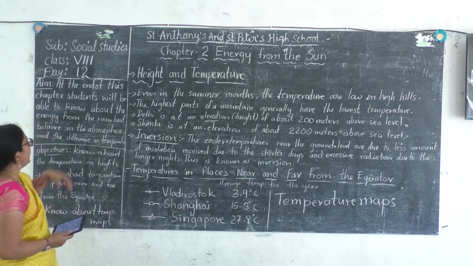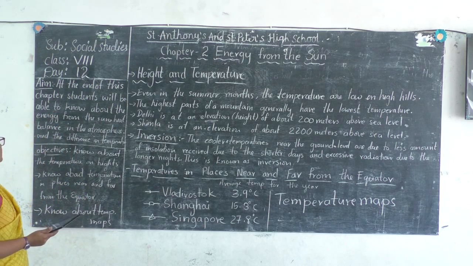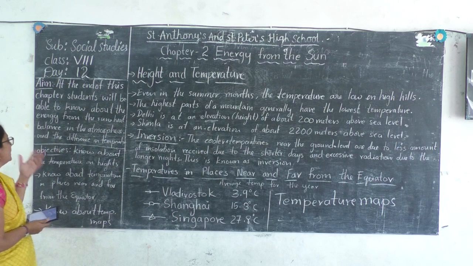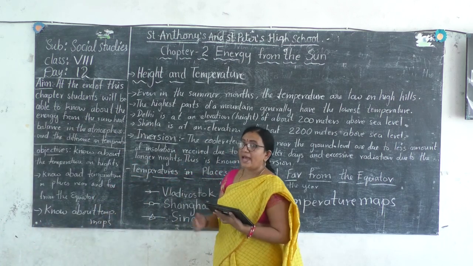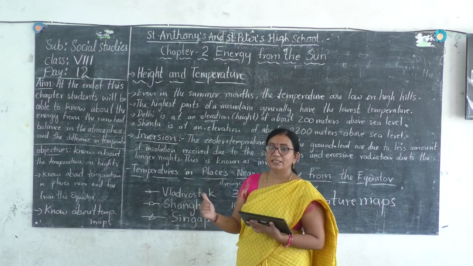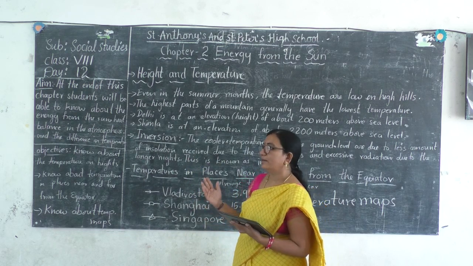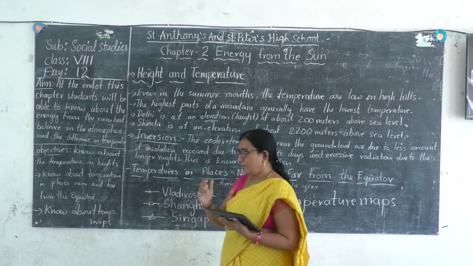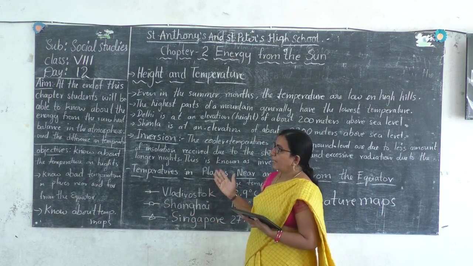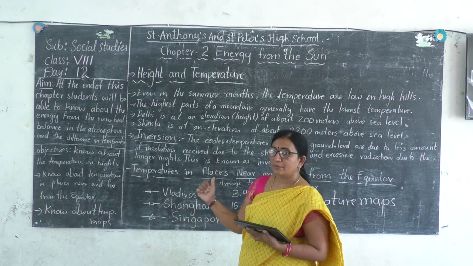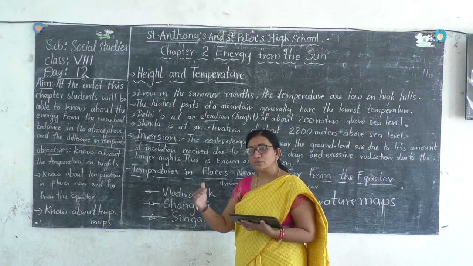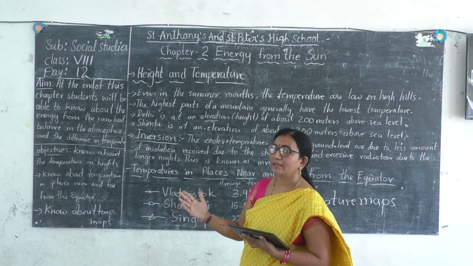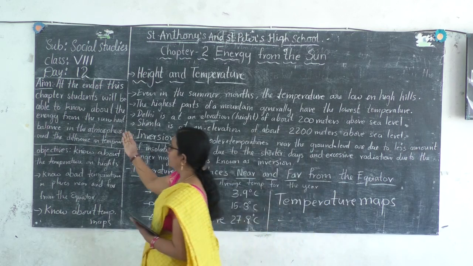At the end of this class, my students will be able to know about the energy from the sun. You have learned about the energy which comes from the sun in different forms, like ultraviolet rays, X-rays and different kinds of rays, and how they are absorbed by the atmosphere and how they are reflected back into space.